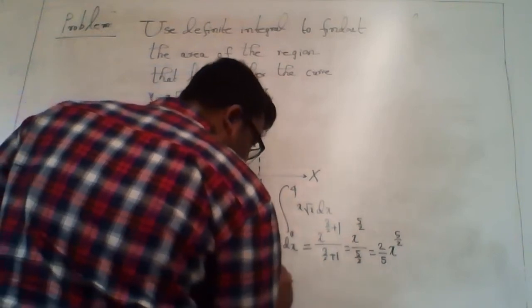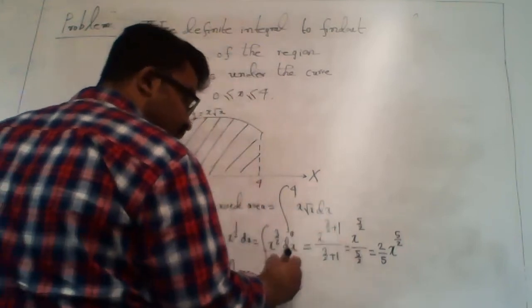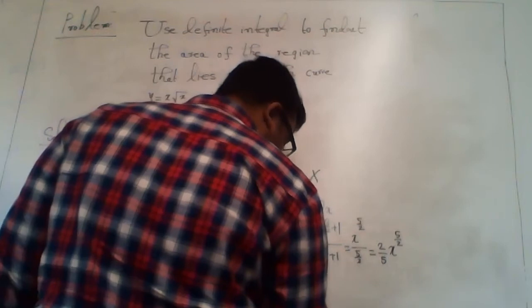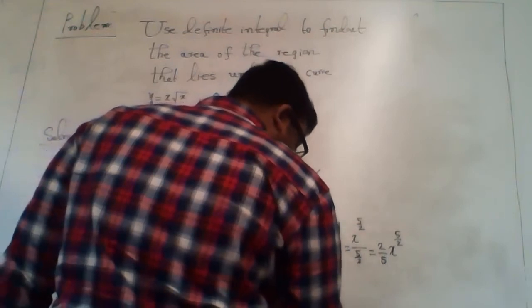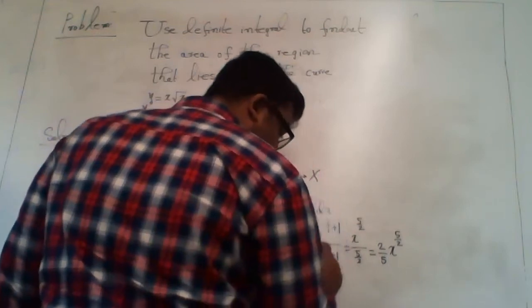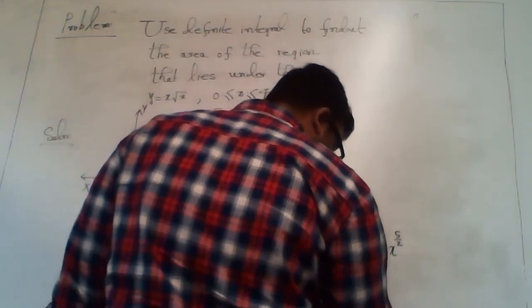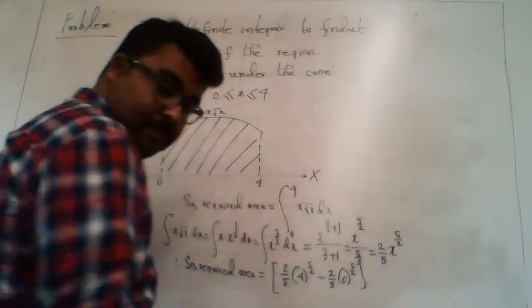First put 4 in place of x, so it will be 2 by 5 times 4 to the power 5 by 2, then put 0, 2 by 5 times 0 to the power 5 by 2, right?